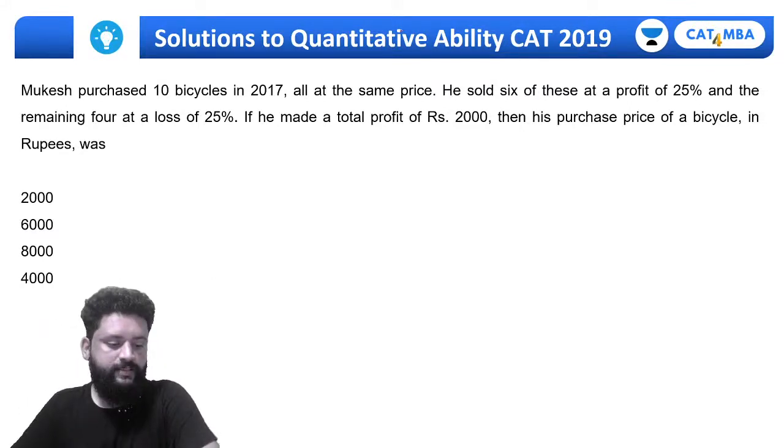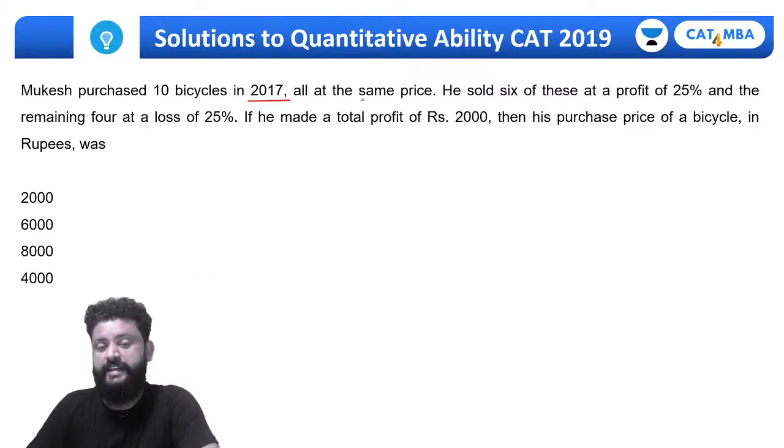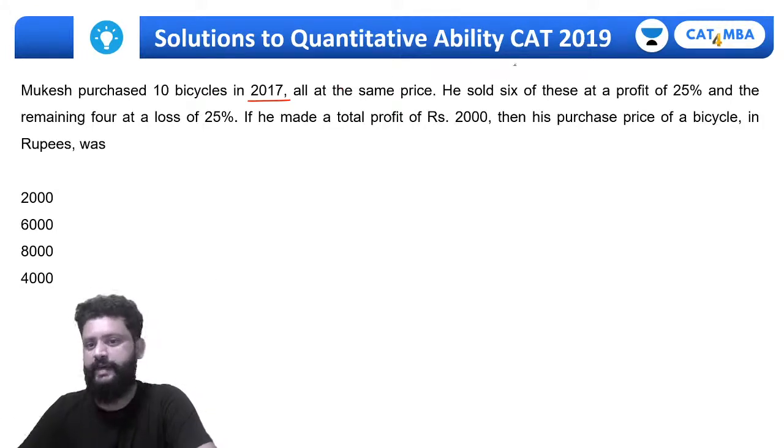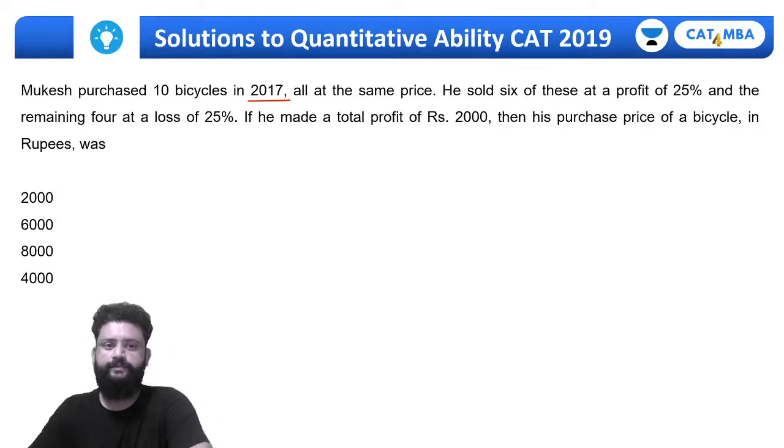Let me know if you have any answer. Mukesh purchased 10 bicycles in 2017, all at the same price. Okay. He sold 6 of these at a profit of 25%.